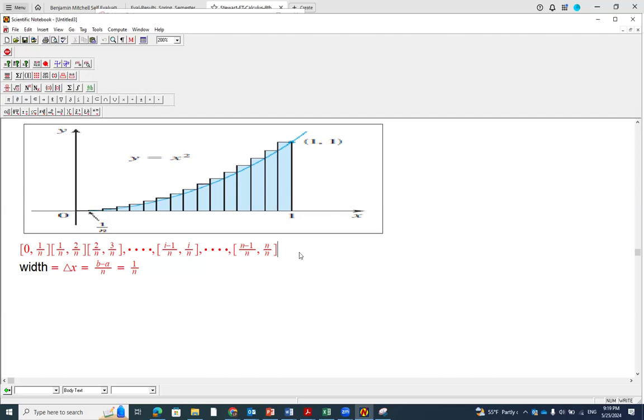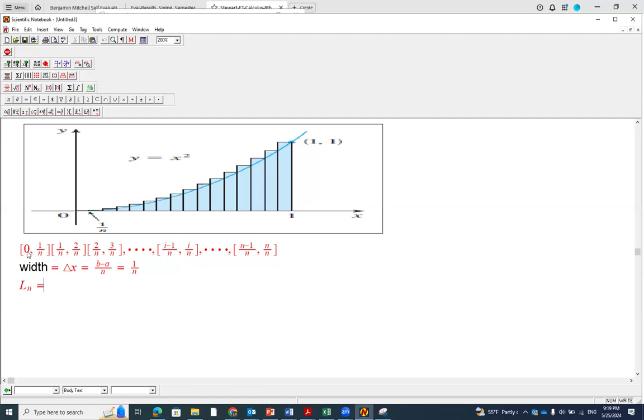So if we look at the sum from the left, L sub n, we take the left endpoint as the height of each rectangle.